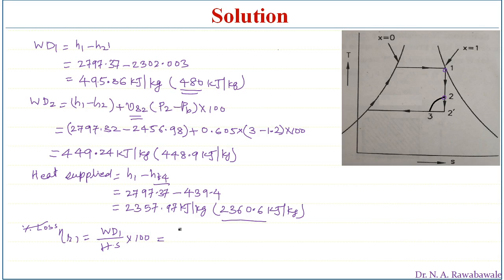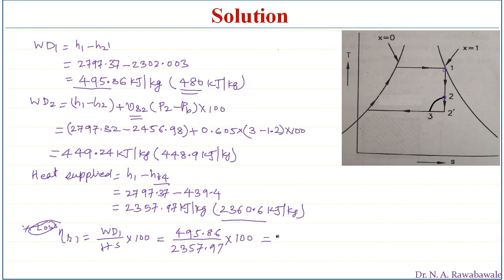Work done 1 is 495.86 obtained here, divided by heat supplied, 2357.97, into 100.